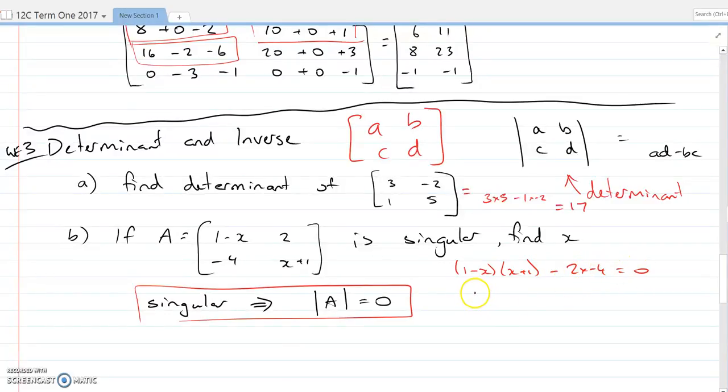So we've got 1 minus x squared, minus 2x plus 8 equals 0. This becomes x squared equals 9, and x equals plus or minus 3. So you've got two solutions for that one.